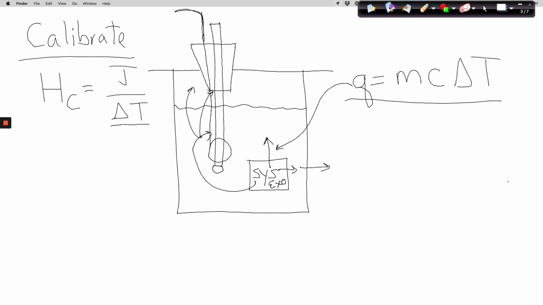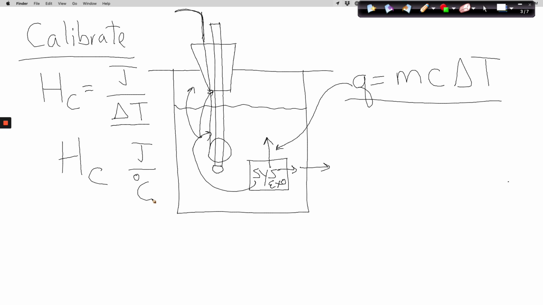Then we need to know the number of joules that caused that temperature change. And we'll talk more about how we're going to arrive at that once I get the lab in your hands. But once we're done with that, what that gives us is the heat capacity for the calorimeter, and that will be in joules per Celsius degree.